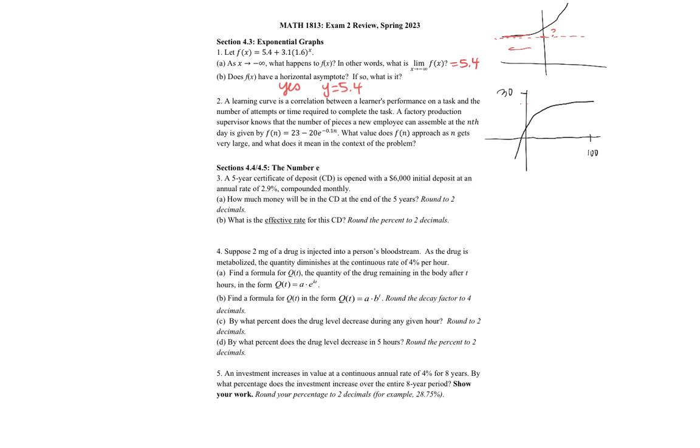So it seems like it has an asymptote like that. I'm just going to do trace and plug in a big value, 100. I got 22.999. And so it looks like as my n is getting bigger and bigger, it's approaching 23.